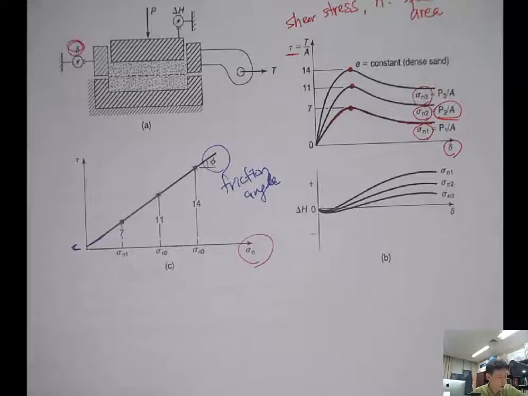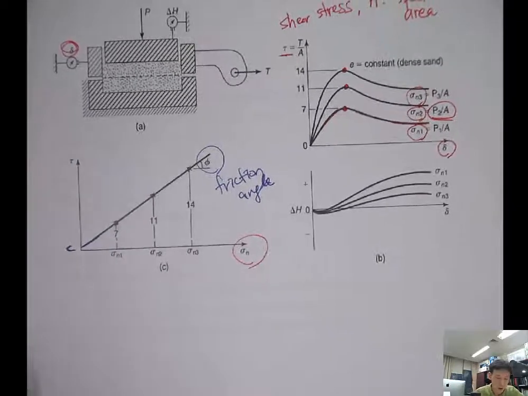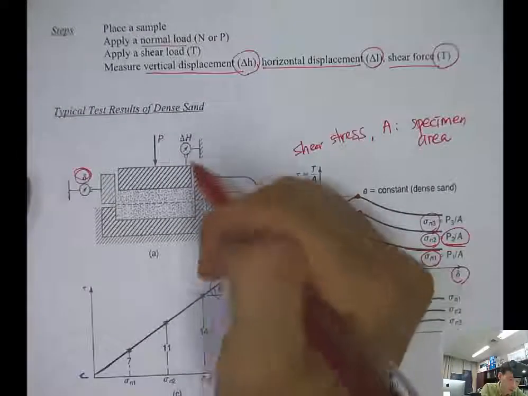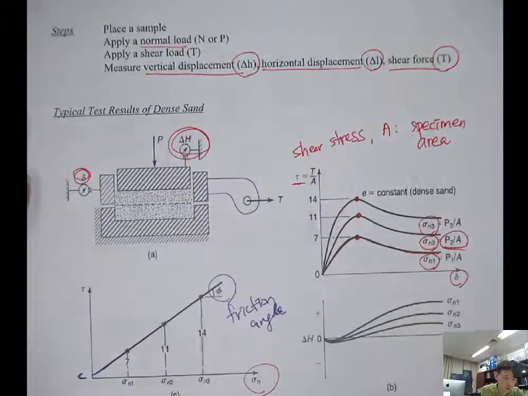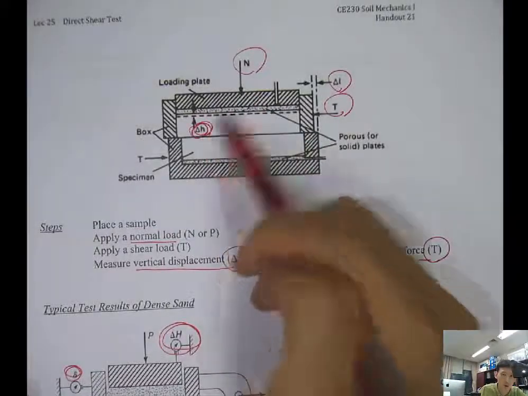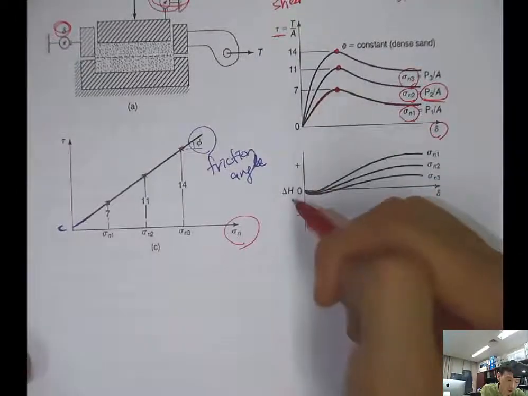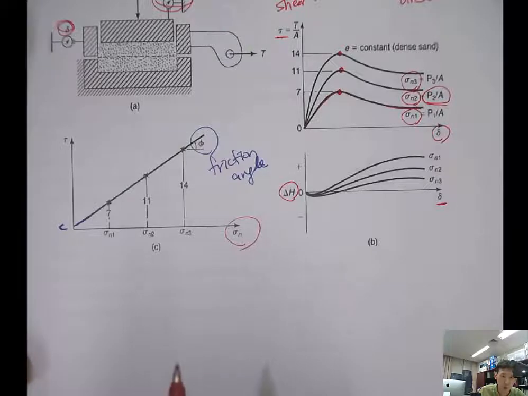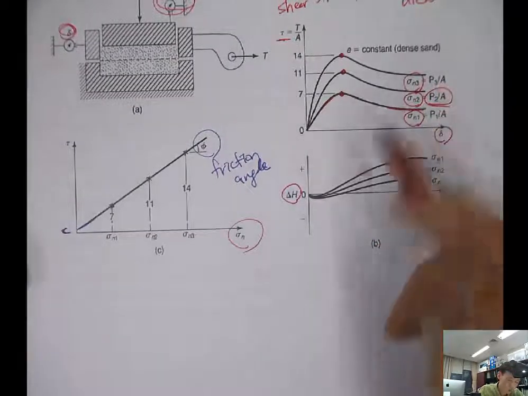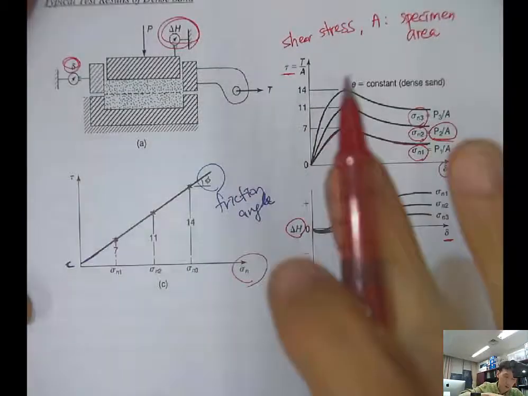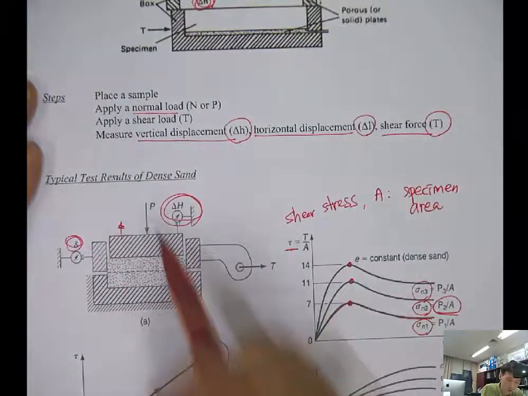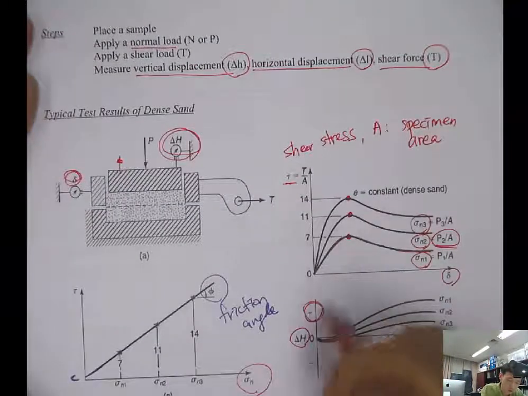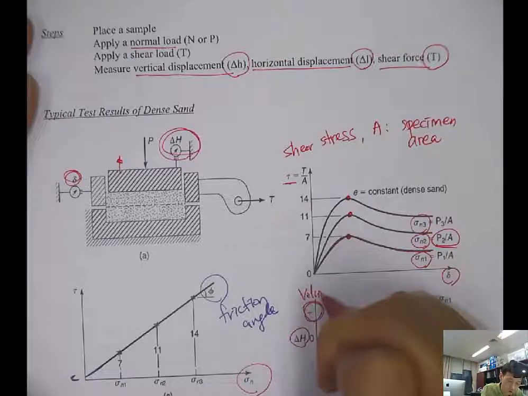And on the other hand, meanwhile, you are measuring the vertical displacement, right? With the loading cap going up and down. So if you plot the delta H versus the shear displacement, as the loading cap goes up, this means that the volume is expanding.